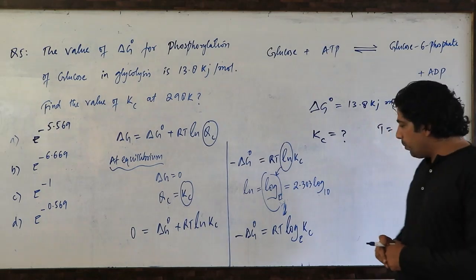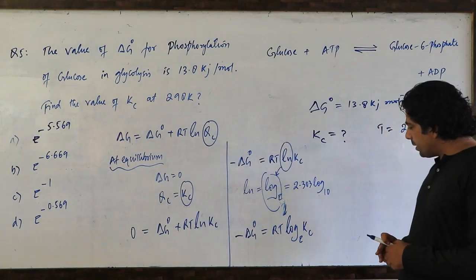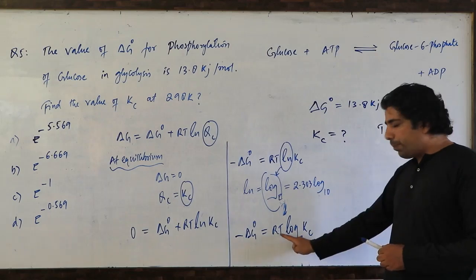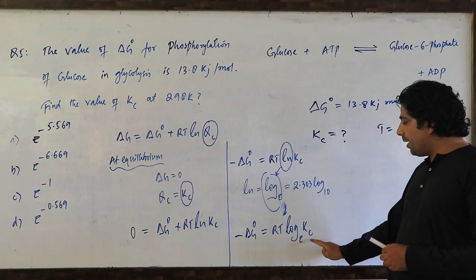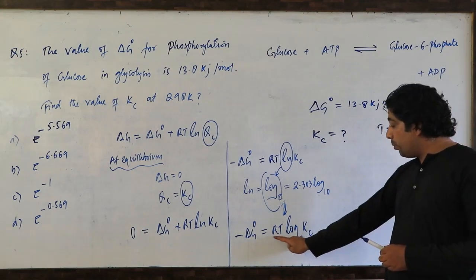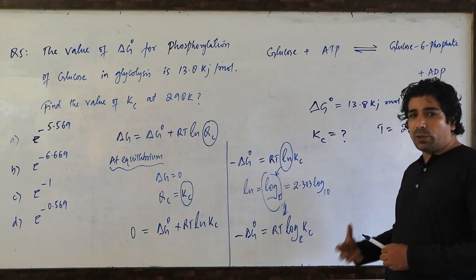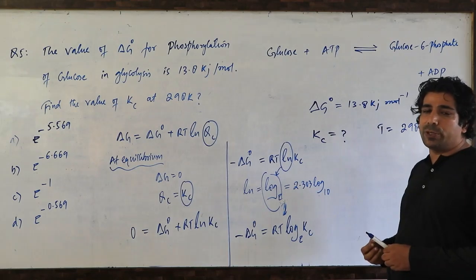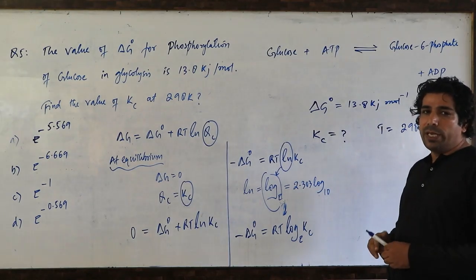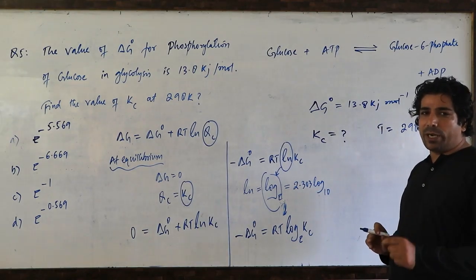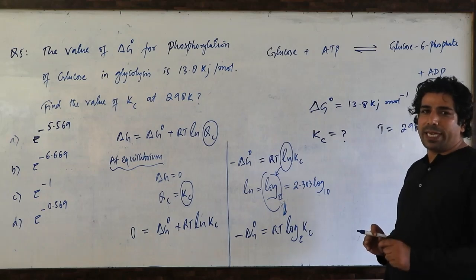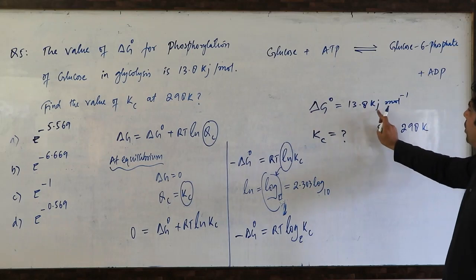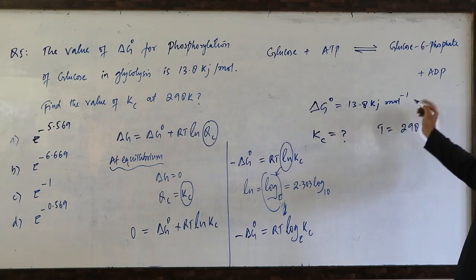All the things are given to me, especially delta G naught and the temperature. The Kc value I have to find out. The R value I have to choose, whether I should choose 0.08 or 8.314. If I choose R value as 8.314 joule per Kelvin per mole, that means here I have delta G naught in kilojoules, so I will convert it into joules first.